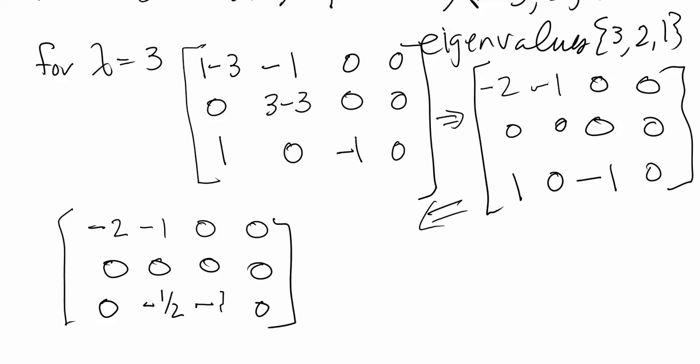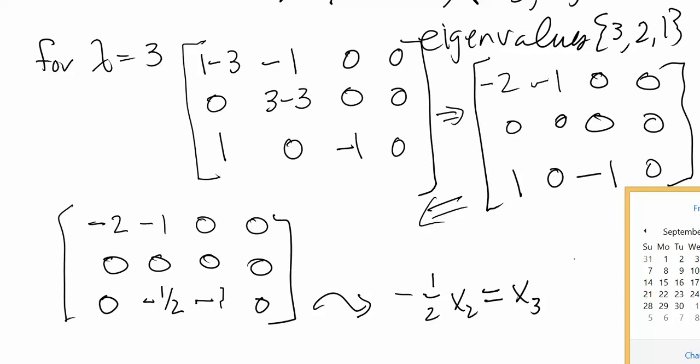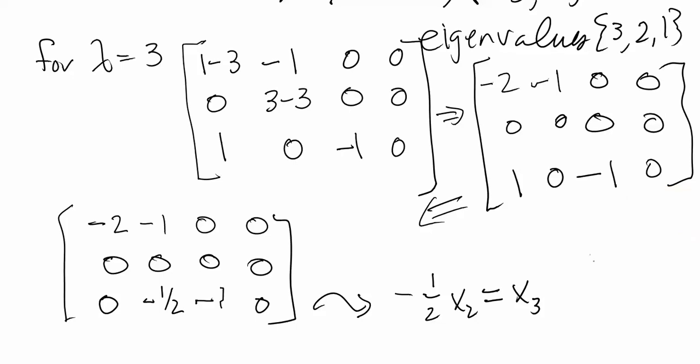From this last equation, we can see that minus 1/2 x2 is equal to x3, or x2 is equal to minus 2x3.